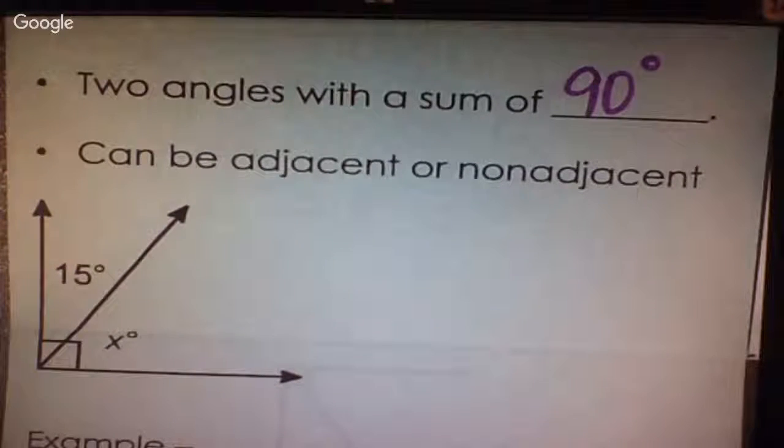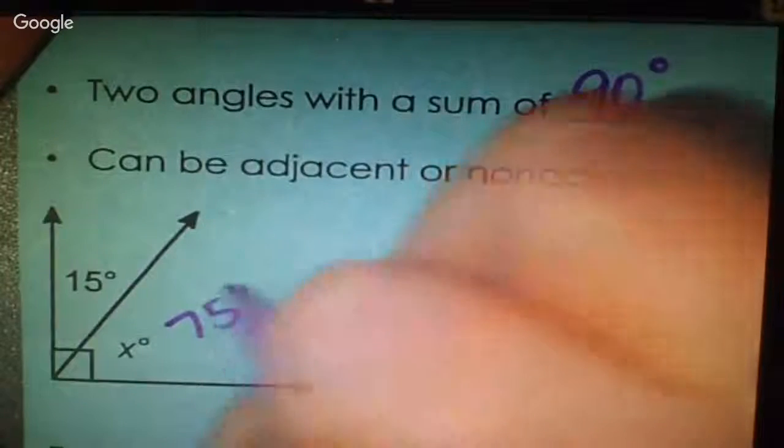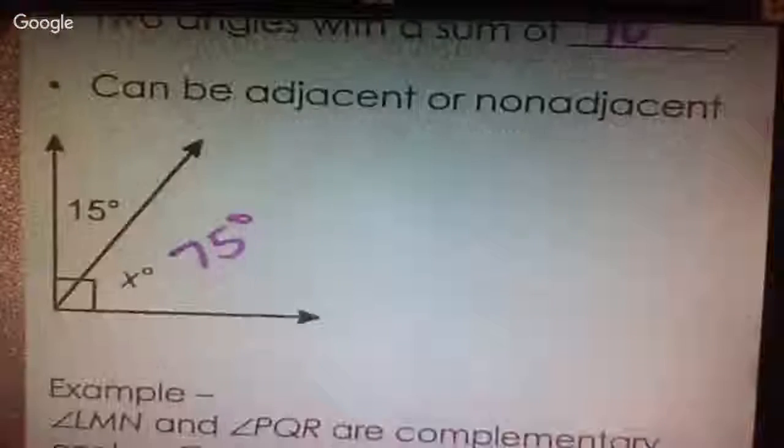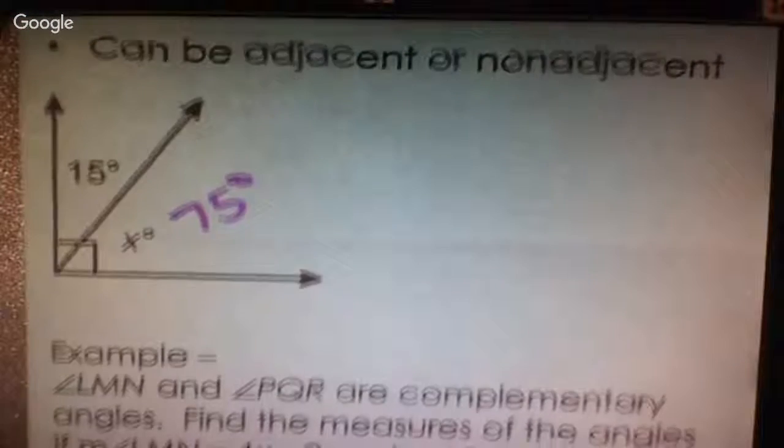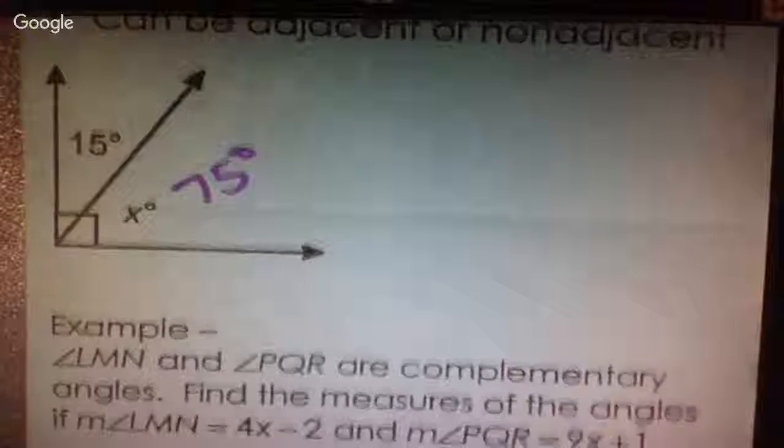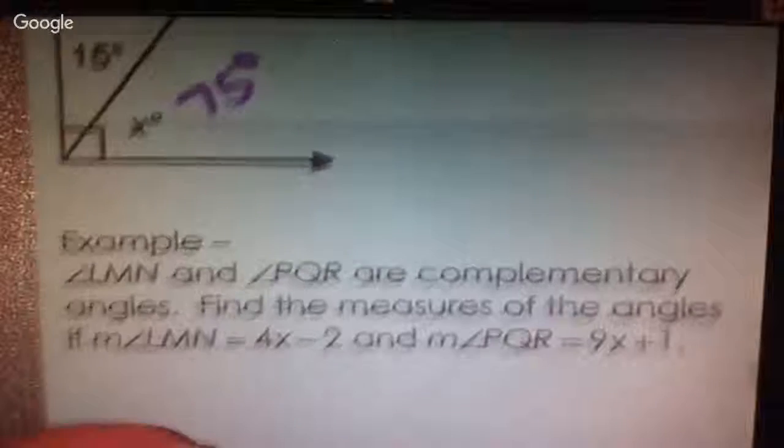If you take a look at this example, if this side of my angle is 15 degrees and the whole thing is 90, my other side is 75. Okay.